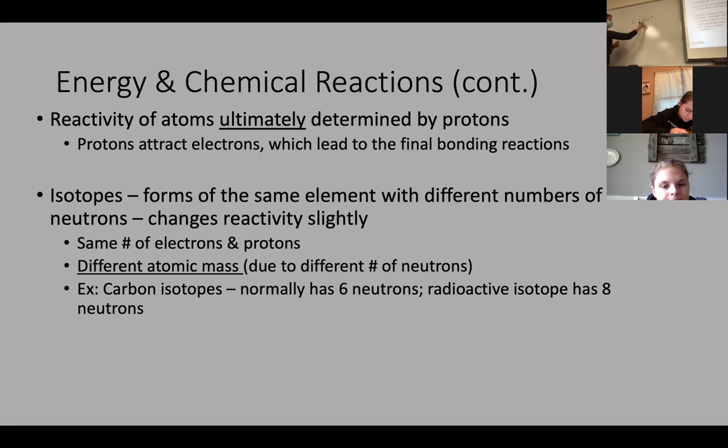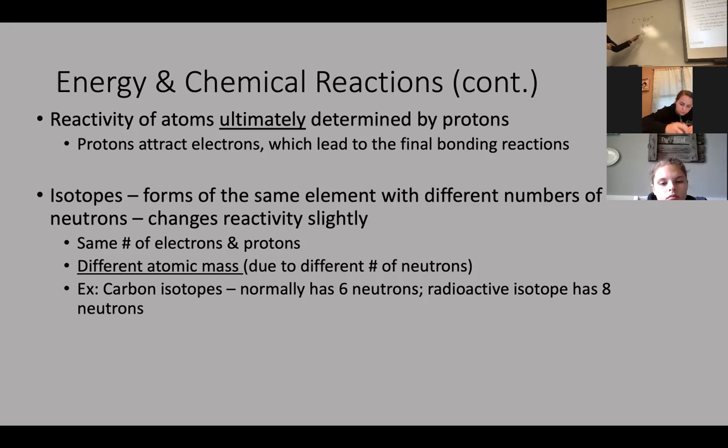Yeah, 6 electrons because it's not charged, right? They have to even out. 6 electrons, and the normal form will also have 6 neutrons.